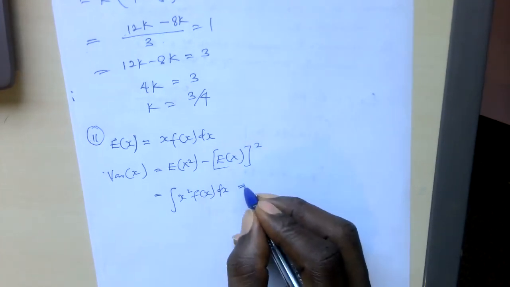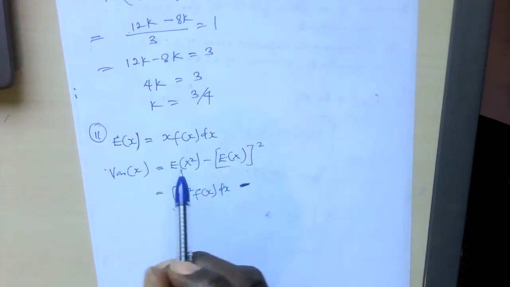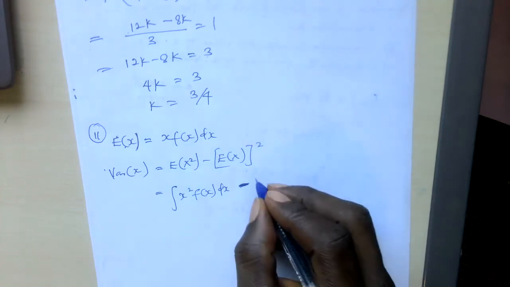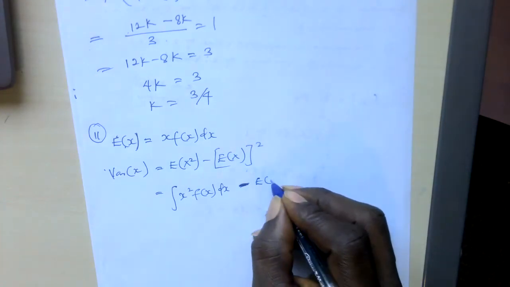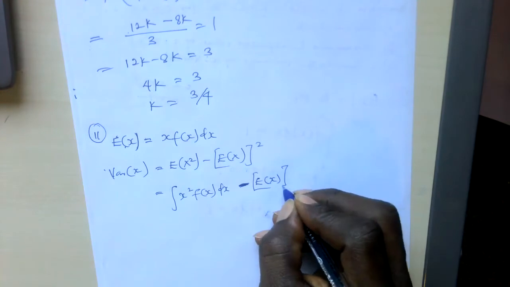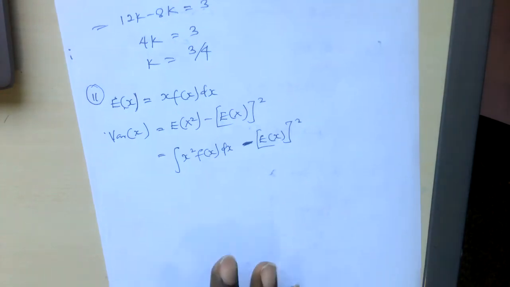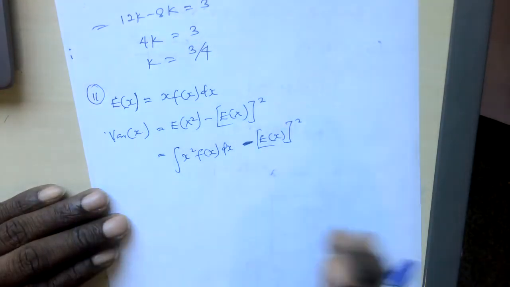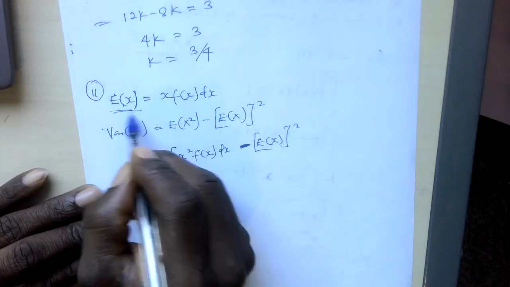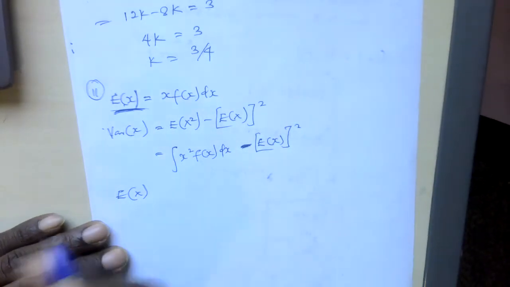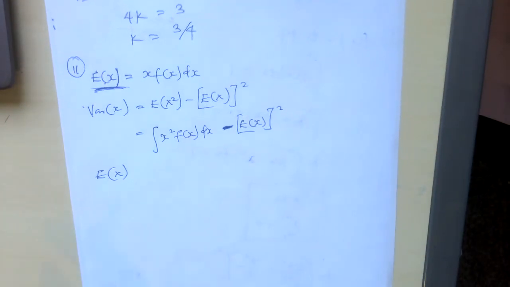This other one is just the mean. You square the mean, the expected value of x, all squared. So this formula, you need to know them by heart. But for now, our interest is getting this mean. So to get the mean, the expected value of x, let's move on.